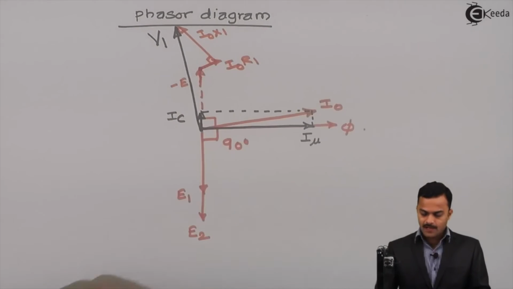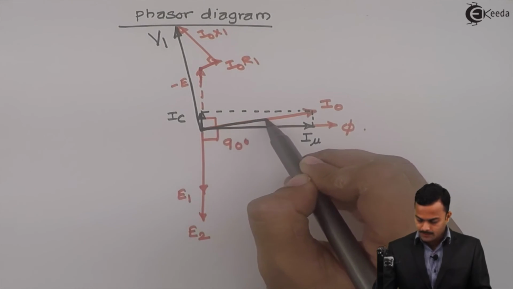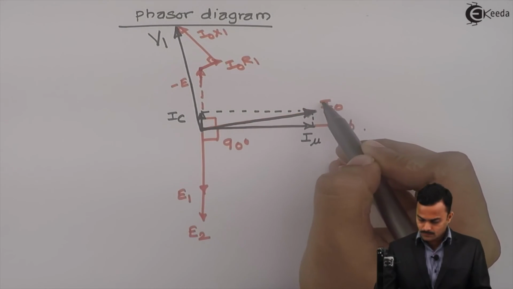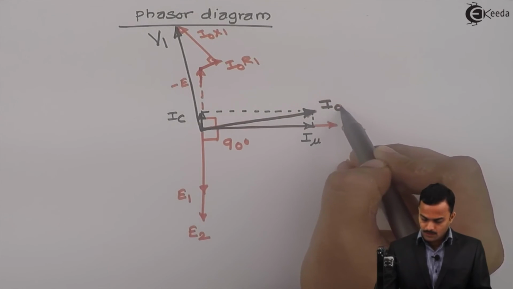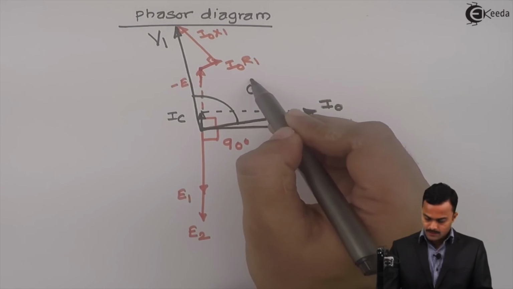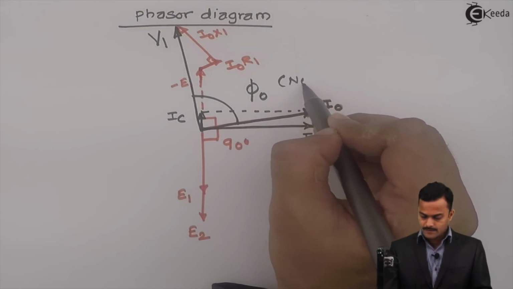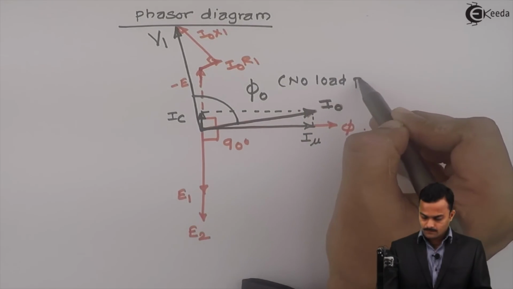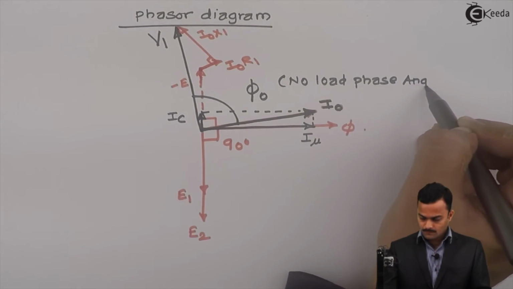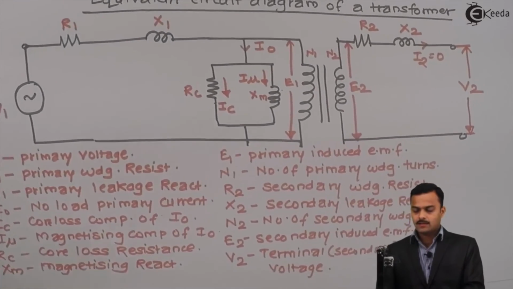So V1 is the primary voltage and I0 is no load primary current, angle between them is phi 0, no load phase angle. So here we develop a phasor diagram based on equivalent circuit of a transformer at no load.